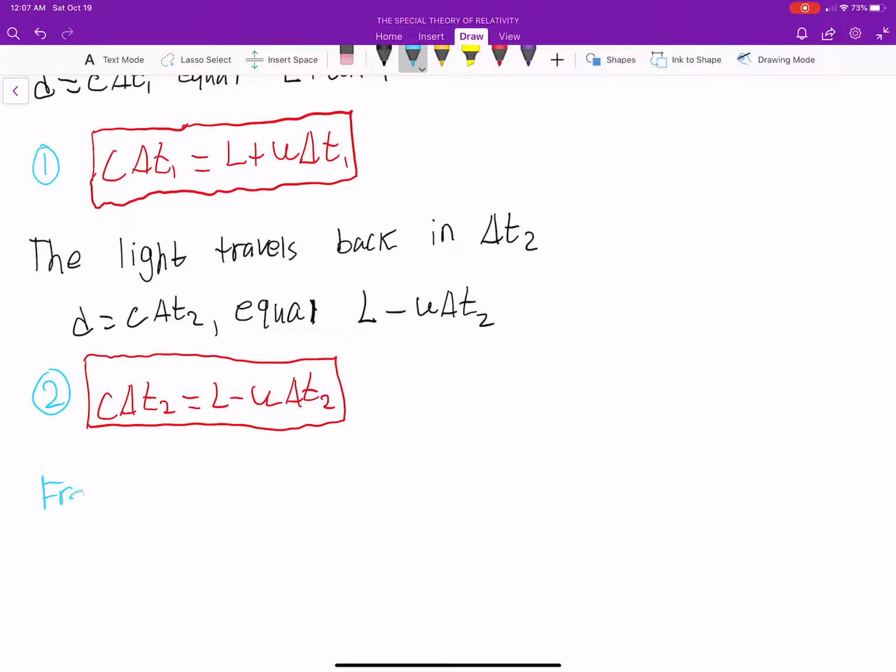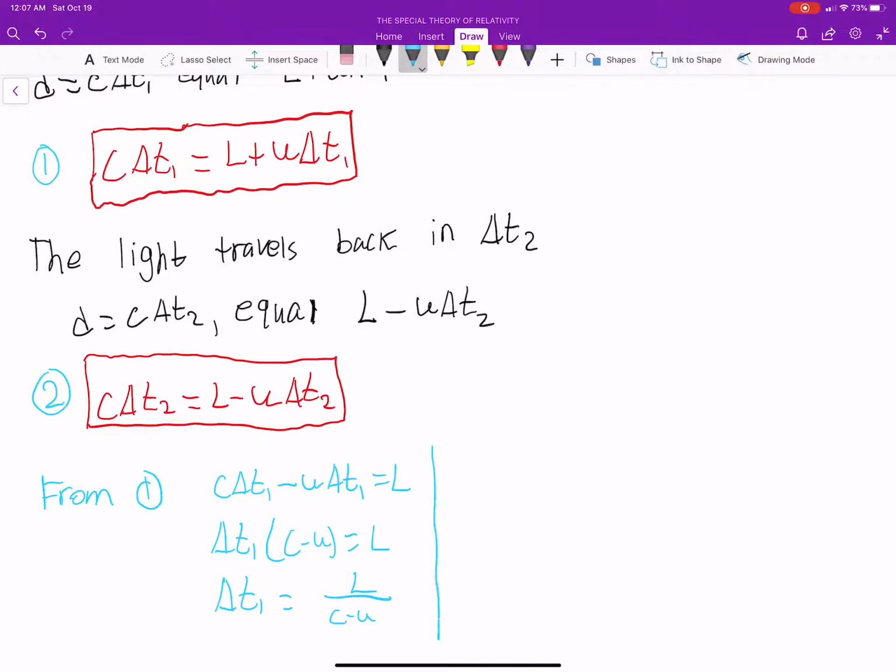So from equation 1, we can see that c times delta T1 minus u times delta T1 equals L. And if we solve for delta T1, we could factor that out. Delta T1 equals L over c minus u.